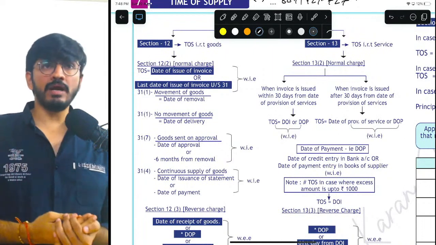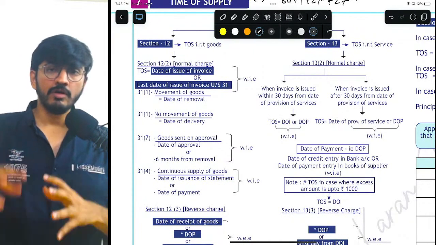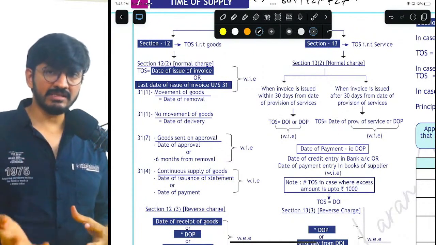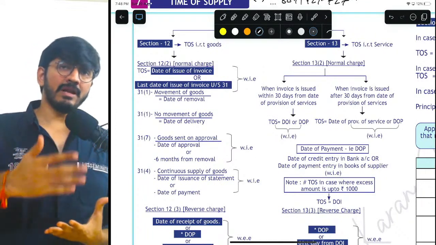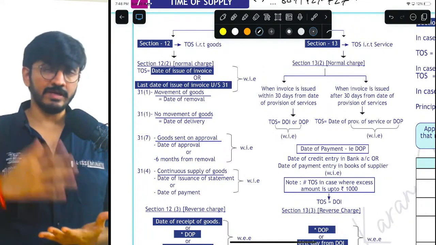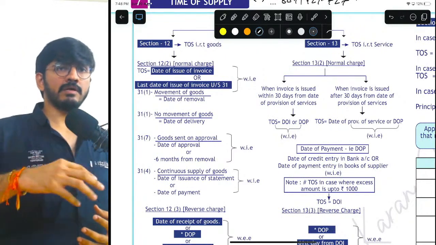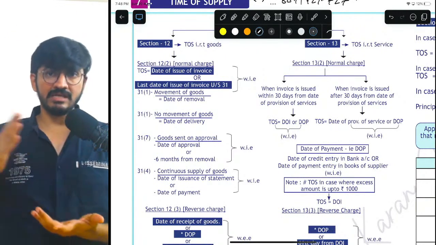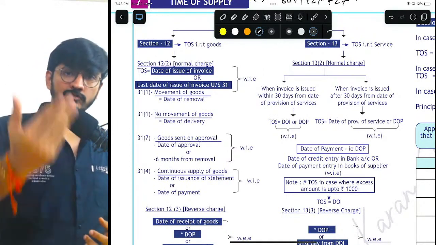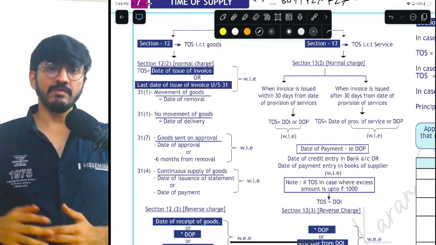It's very important, my dear friends, because there are so many events that happen when there is supply of goods or services. For example, in case of goods, there are transactions like the recipient places an order, that is an event. The supplier removes the goods from his factory, that is an event.